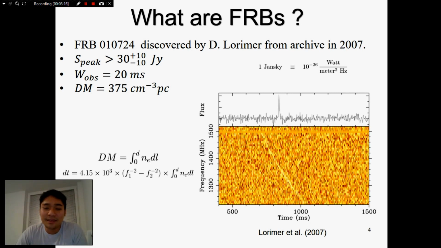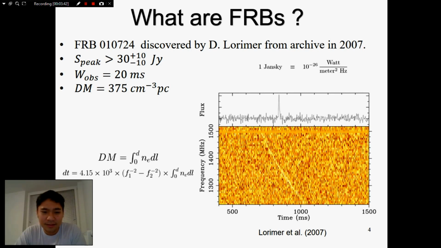It is basically 10 to the power minus 26 watt per meter squared per hertz. Another parameter, the width, is around a millisecond, so it is very fast. Another parameter is DM, around 400 parsec per centimeter cubed. What does this mean?